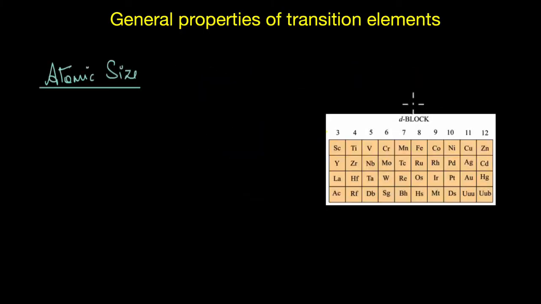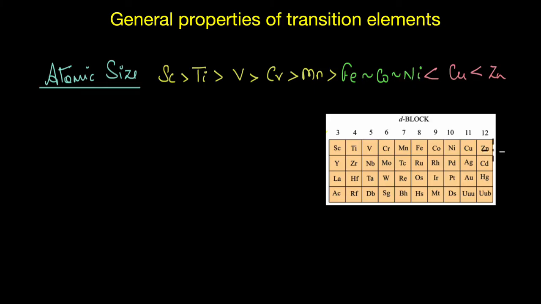In general, atomic radius decreases as we move across the period with increase in nuclear charge. And in the case of d block elements, the radii decrease from left to right. However, as we reach towards the end of the series, the size actually increases. Now, in the d block elements, there are two interplaying factors.